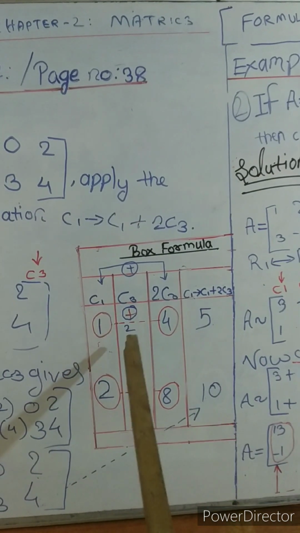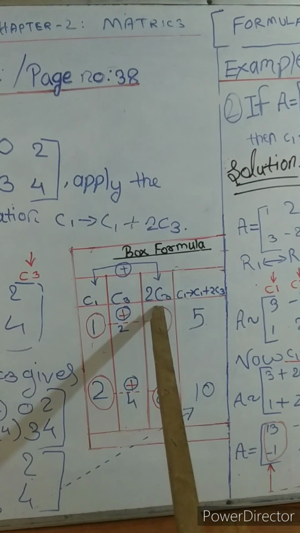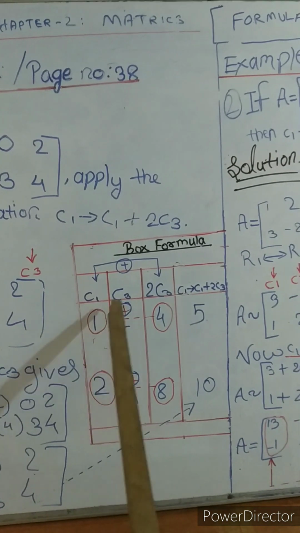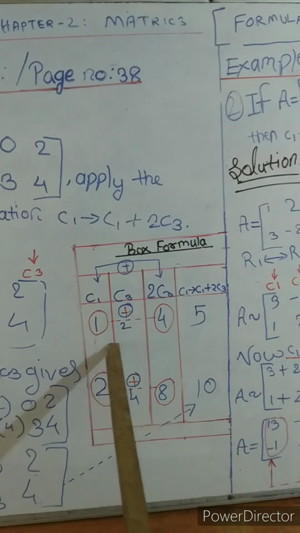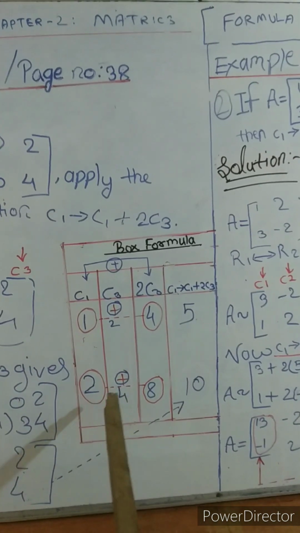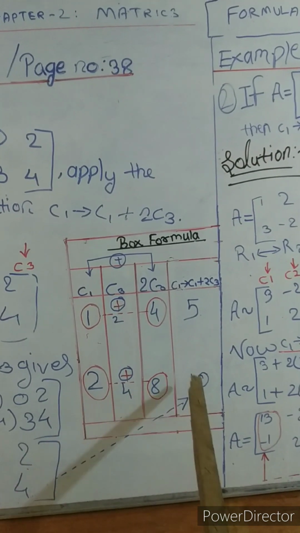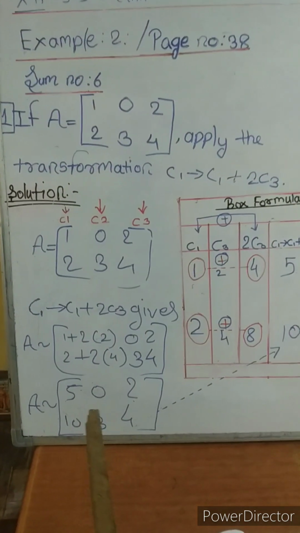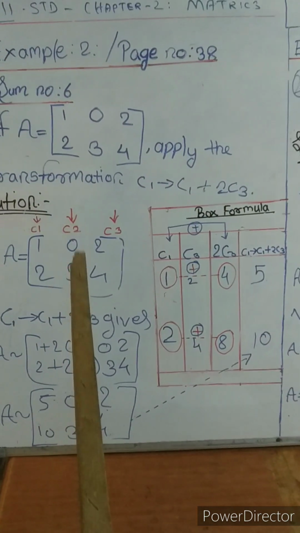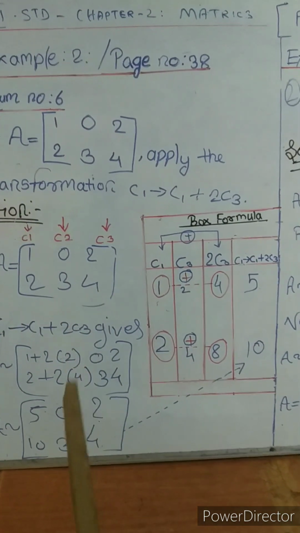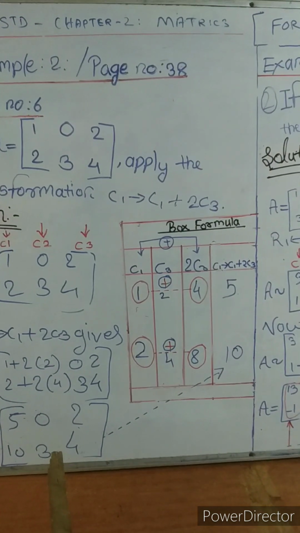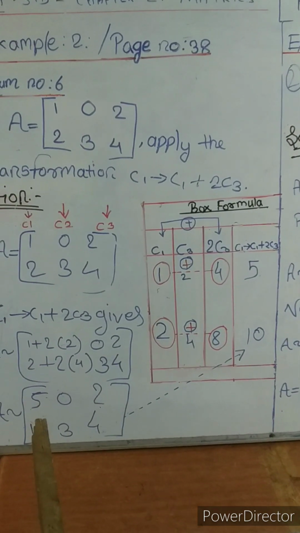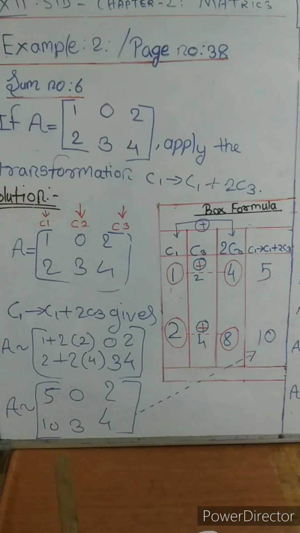We are getting the addition of C1 plus 2C3. C1 is 1 and 2C3 is 4, 1 plus 4 gives 5. Same like that, 2 plus 8 equals 10. So the solutions we are finding are 5 and 10. The remaining C2 and C3 are the same as such, 0 3 and 2 4. Now we are getting the solutions 5 and 10.